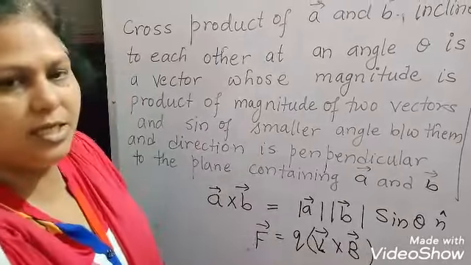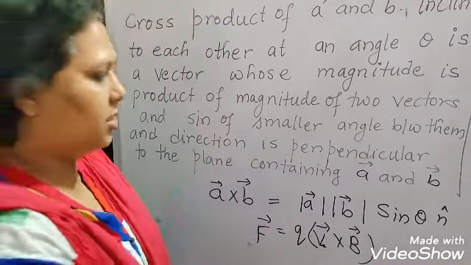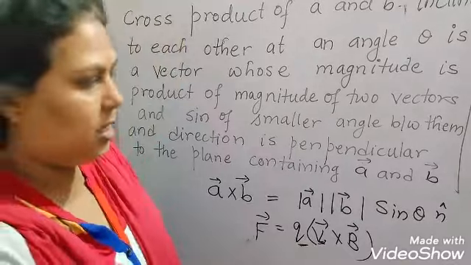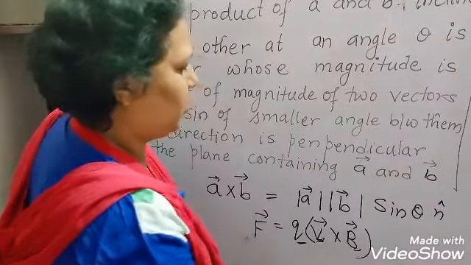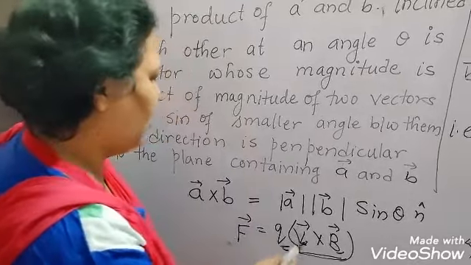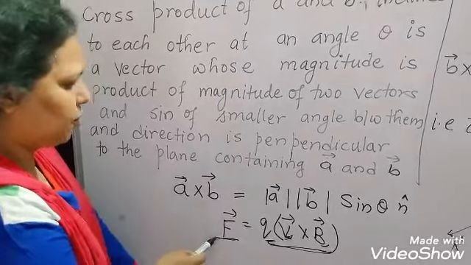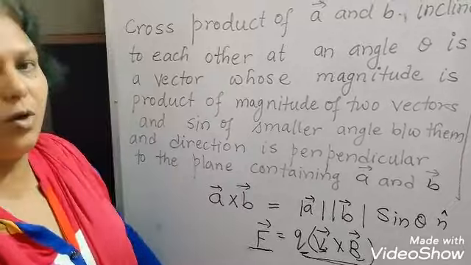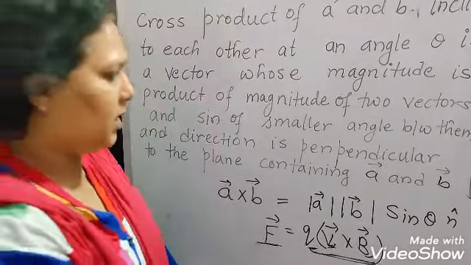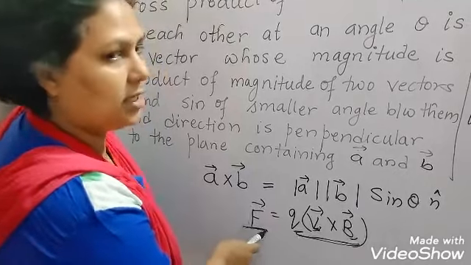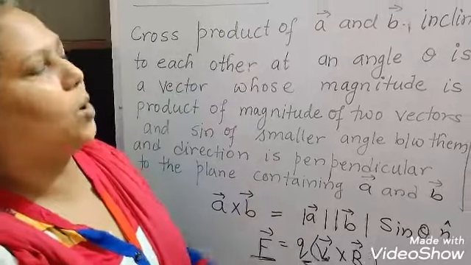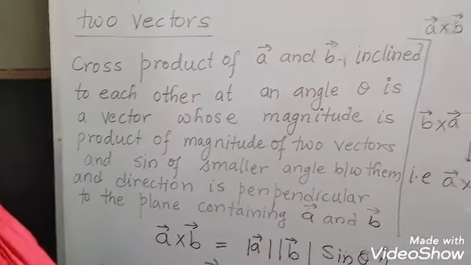V is the velocity of the charge Q, which gives the current, and this is B, the magnetic field. So the cross product of these two is a force, and this force is called the Lorentz force. The cross product of two vector quantities is the resultant, and the resultant is also a vector quantity, that's why it is called the vector product of two vectors.